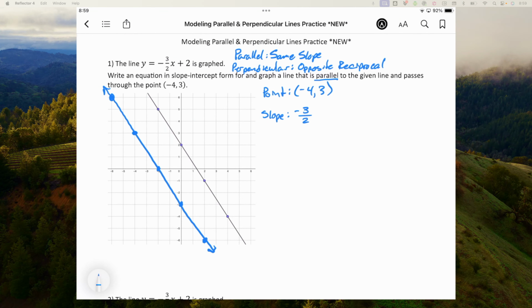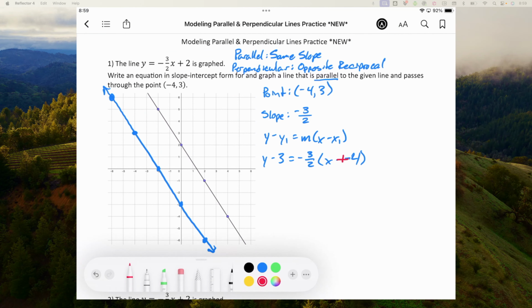So we do need to also create an equation for this, so we need to start with point slope form. So we've got y minus 3 is equal to negative 3 over 2 times x minus negative 4. Just run through point slope form here.